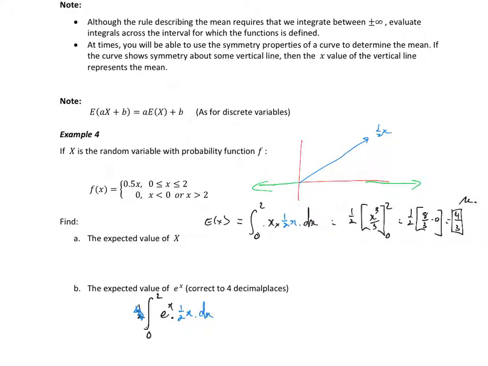So now I'll take the half out the front, integral between 0 and 2 of x e to the x. Now we don't know that, so using my CAS, I would get 4.19 to 4 decimal places. Okay, so just remember the expected value is x times p of x. We've got nothing else on this.